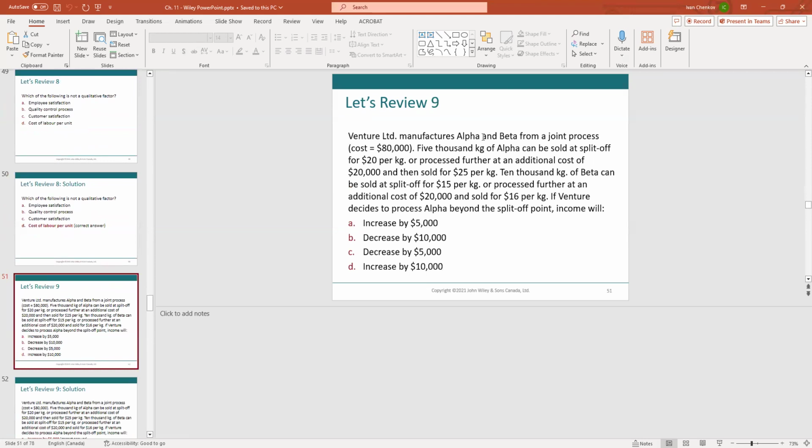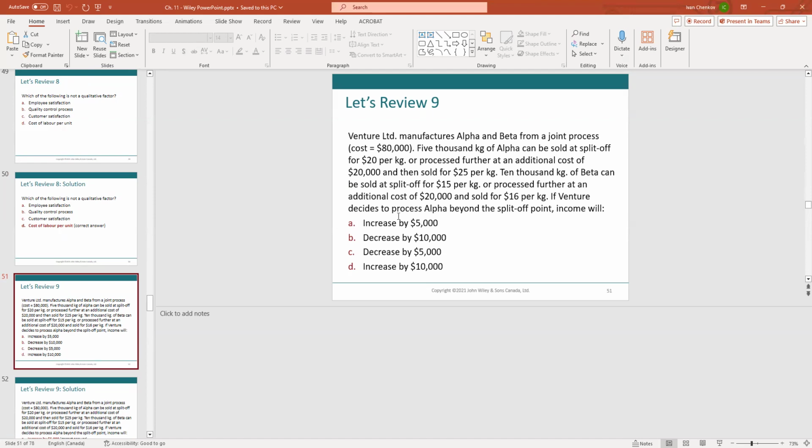This company manufactures alpha and beta from a joint process. Cost is eta. 5,000 kilograms of alpha can be sold at split-off for $20 per kilogram, or processed further at an additional cost of 20,000 and then sold for 25 per kilogram. 10,000 kilograms of beta can be sold at the split-off point for $15 per kilogram, or processed further at an additional cost of 20,000 and sold at $16 per kilogram.